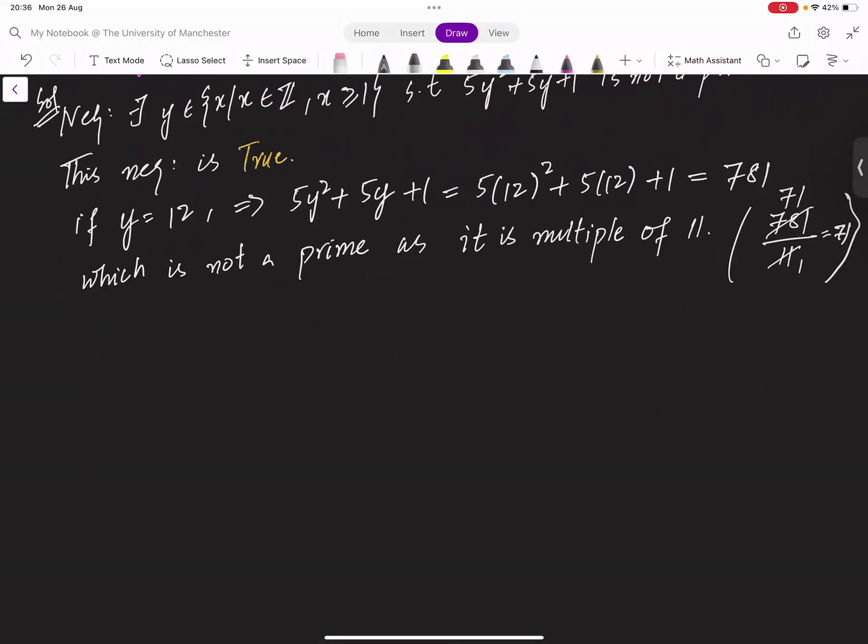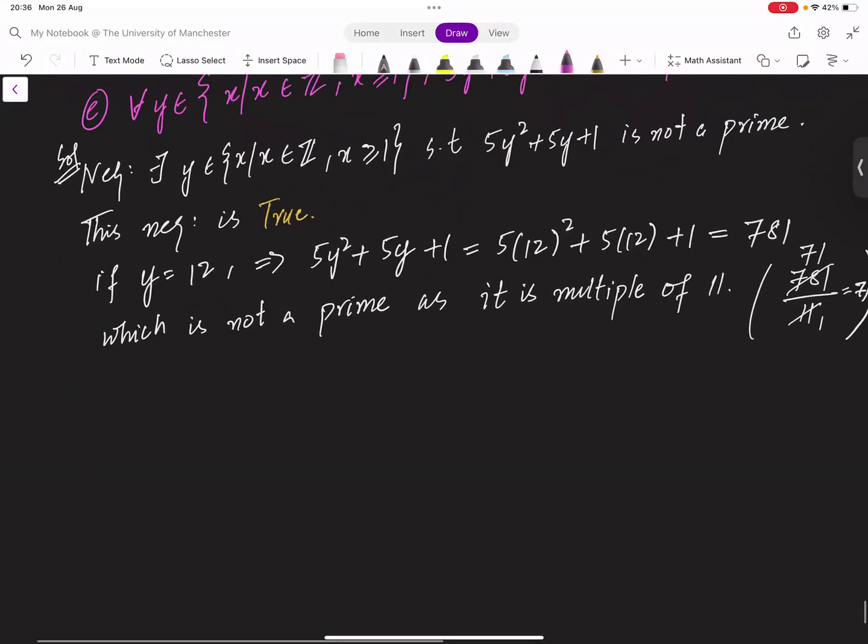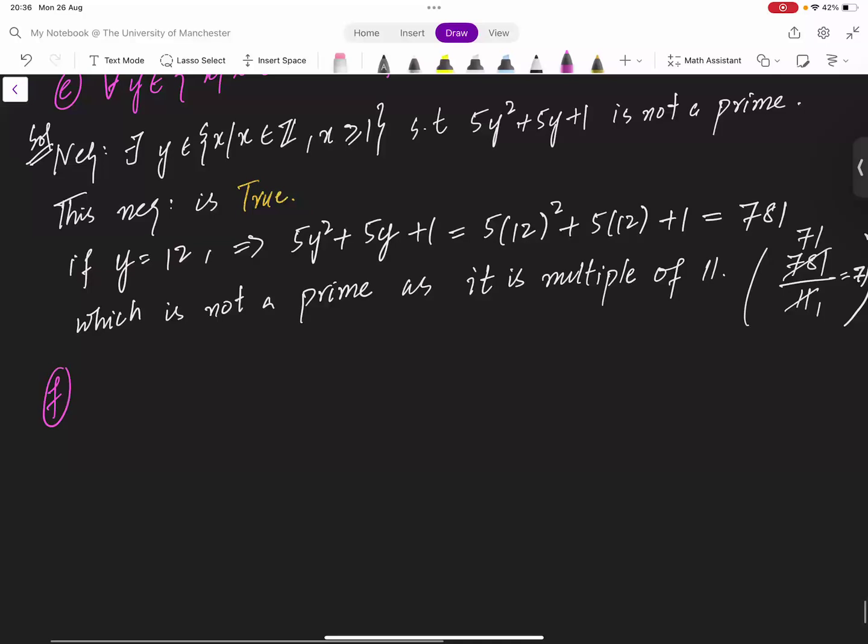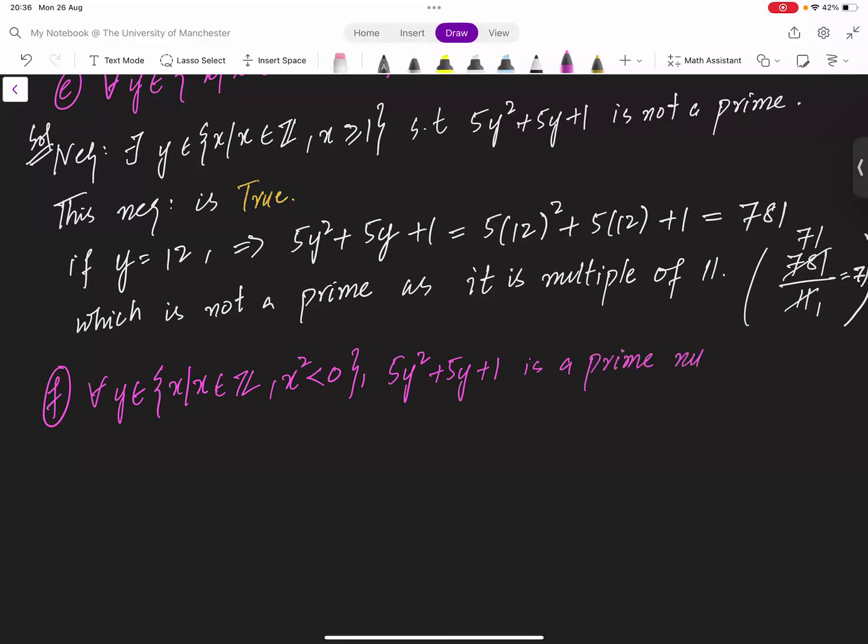Okay. Now part F says, for all y in the set where x square is less than 0, then 5y square plus 5y plus 1 is a prime number. Remember, we need to take the y from this kind of set, okay?